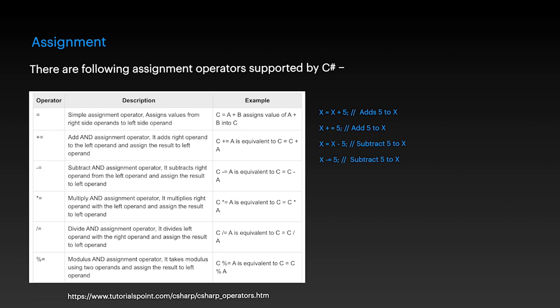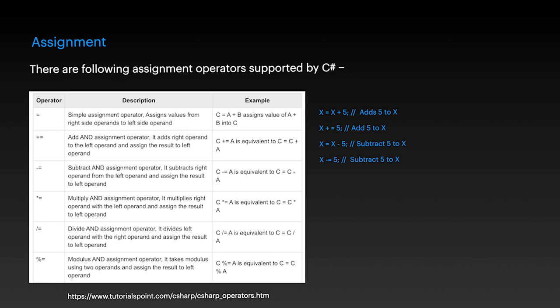So C equals A plus B assigns the value of A plus B into C. You can see the blue one: X plus equals 5 means that X equals X plus 5. There's also subtract equal, multiply equal, divide equal, modulus equal.